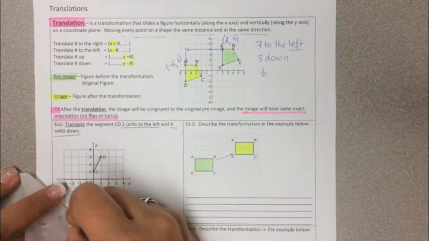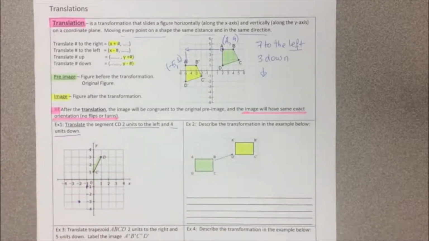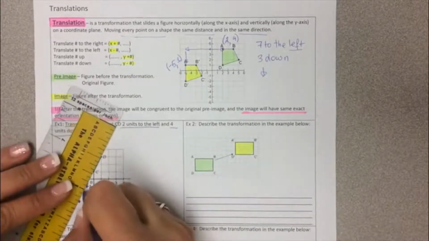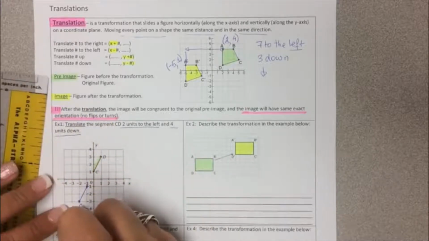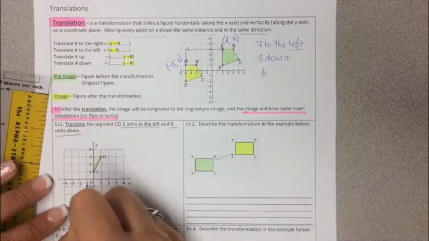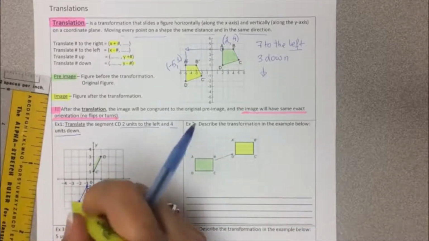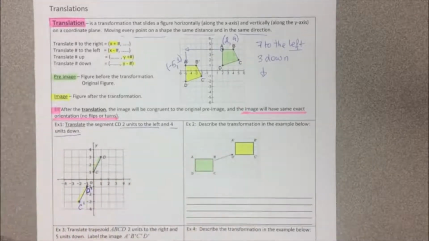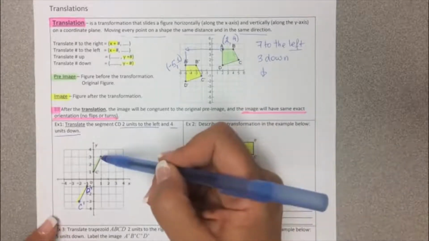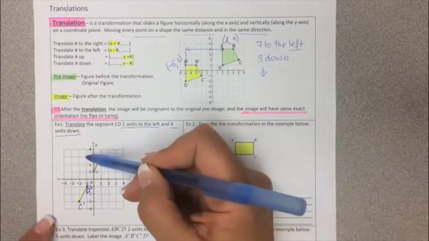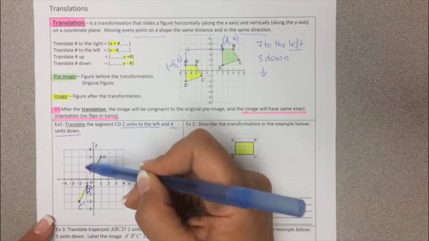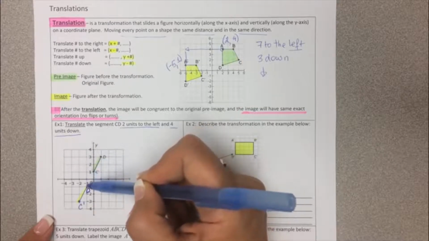D and C. A segment has to be the same length. C prime, D prime, we label the vertices of the image. So thinking of point D, what happened to point D? 1, 2, to the left, 1, 2, 3, 4, down.